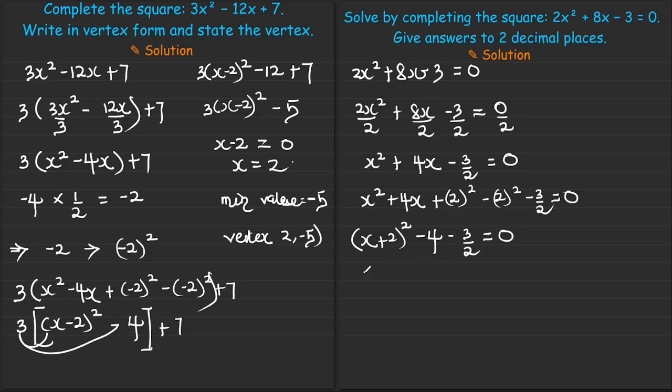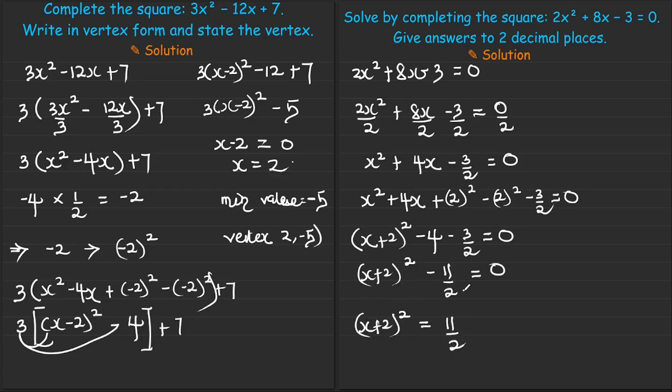We still have our x plus 2 all squared. Then we have our negative 4 minus 3 over 2. That gives us a negative 11 over 2, and it's equal to 0. So this is where we start making x the subject. So we have x plus 2 all squared equals 11 over 2.